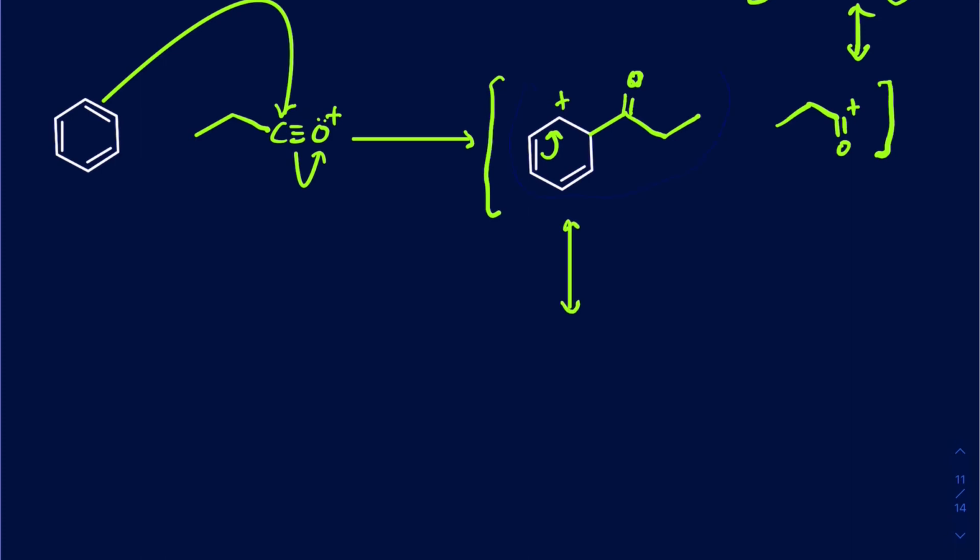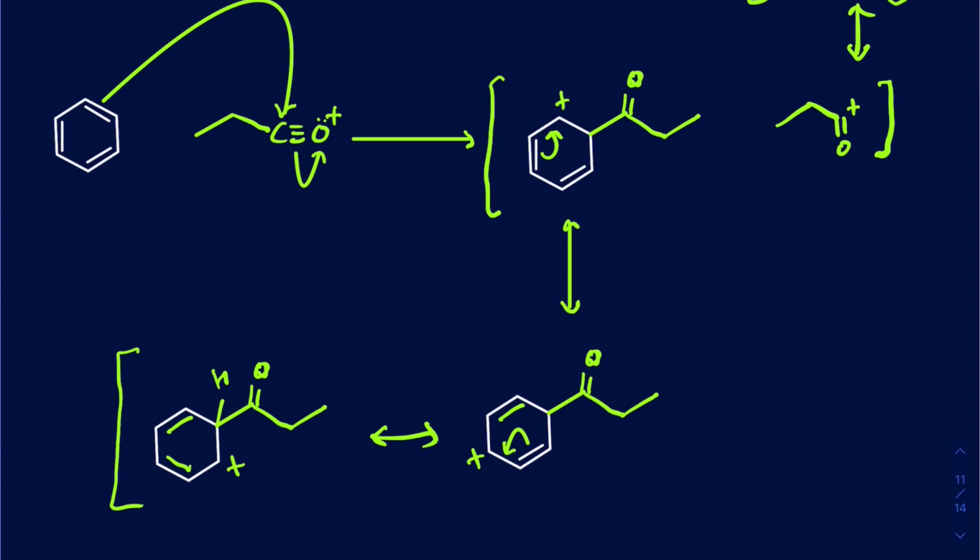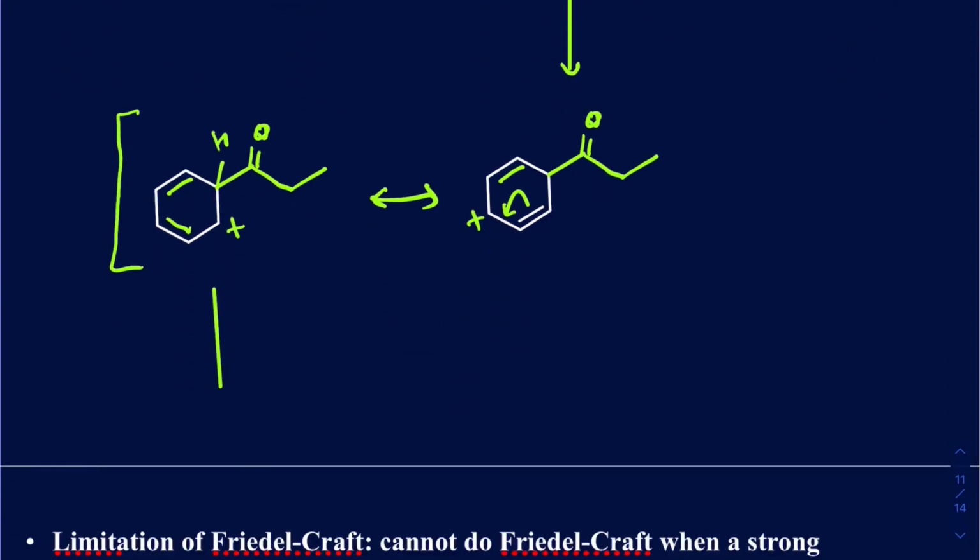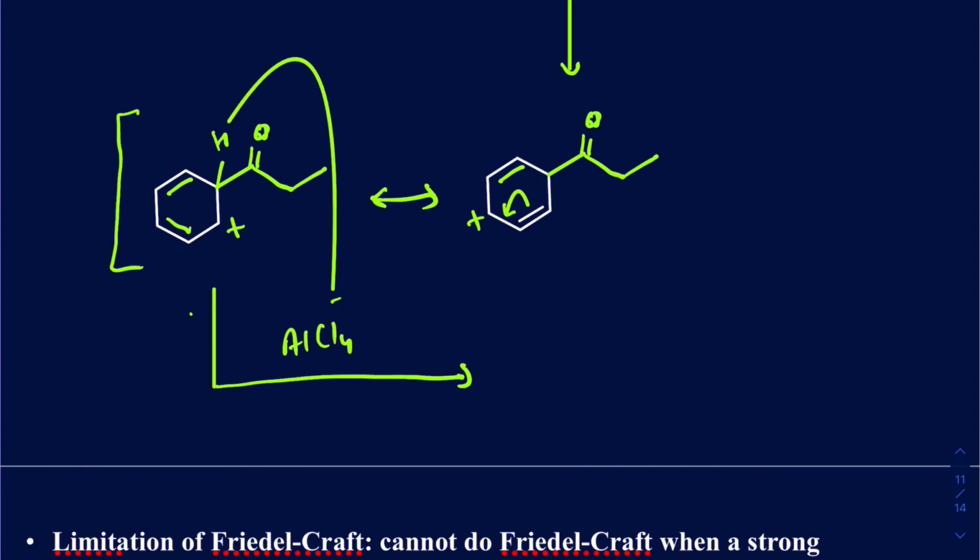When you draw the resonances, I'm just going to go ahead and do this quickly right here. You get a double bond here, positive charge here, and this comes down here. This gets right here, and then eventually I can go ahead and use AlCl4 minus to grab this proton and restore electron density back.